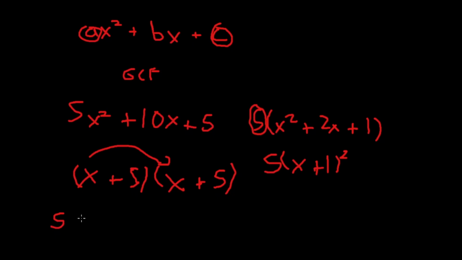So what if we just put a 5 on the outside and then did x plus 1, x plus 1. That way, the 5, because the x squared needs to be multiplied by 5, right? So that accomplishes this.